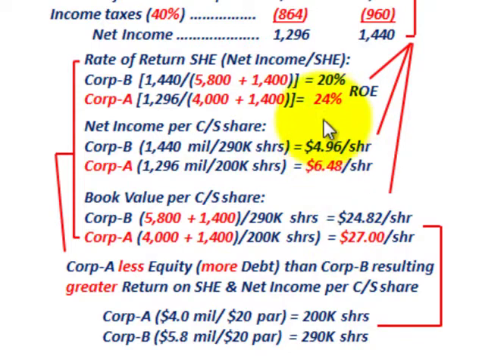And then we went through the rate of return on assets. Both of them ended up at about the same percentage, depending on how you looked at it, either net income before interest or after tax, or just plain net income.